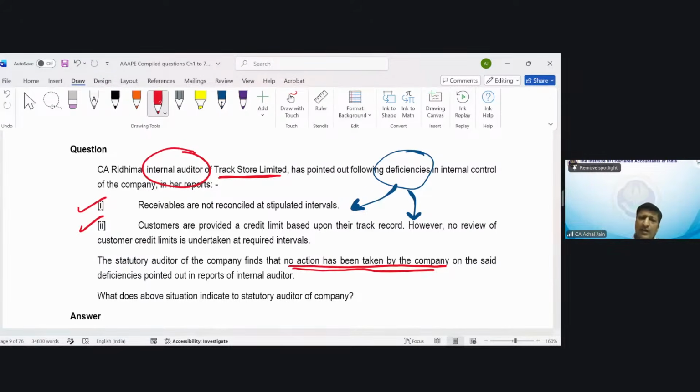But over here it appears no action has been taken by the company on the said deficiencies, which is a matter of serious concern. So knowingly there are deficiencies. If the management is not doing anything about it, it's a bigger concern. See, to have the deficiency is a concern, right?